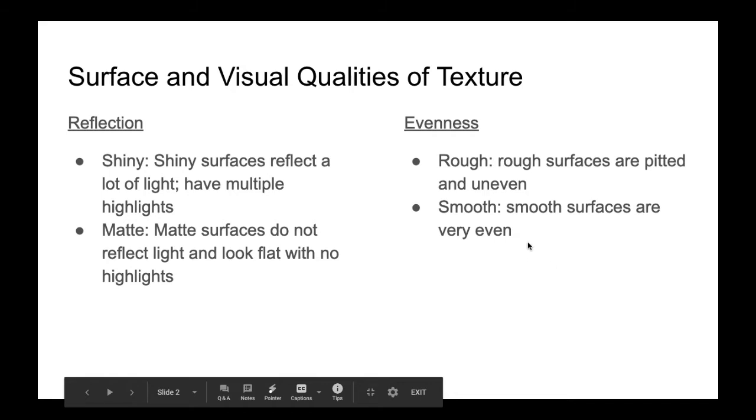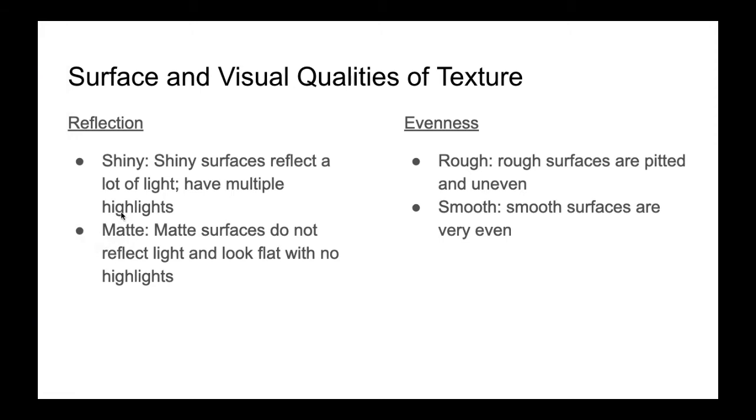So we can divide texture into two categories. And the first category is based on reflection. So this is based on how much light a surface reflects, how much light it bounces back at you.